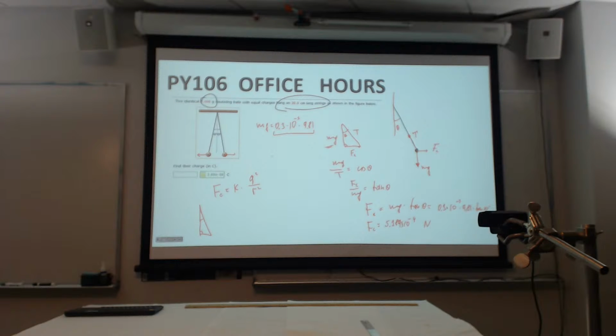What is the length of your string? 10 centimeters, so 0.1 in meters. The angle is the same for everybody. This is exactly a half of the distance you need to use.